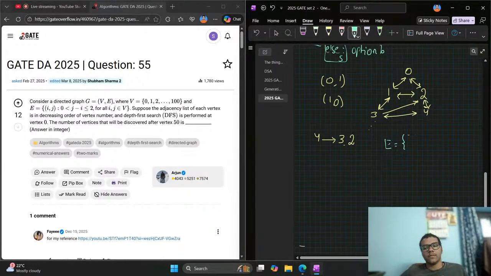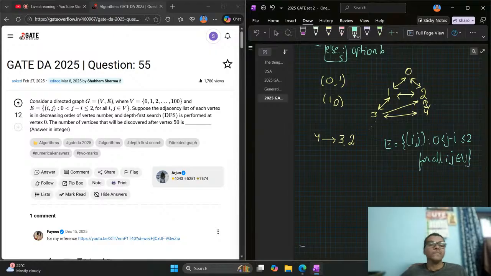E is equal to i comma j, 0 is less than j minus i, less than or equal to 2, for all i comma j belonging to V. So it was never told that you can take i comma j as 1 comma 2 and 2 comma 1 also works. So it will be directed on both edges.